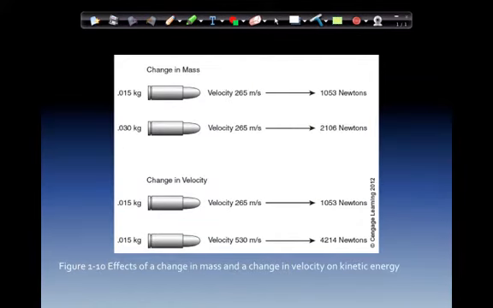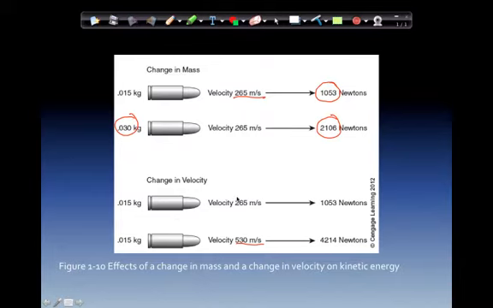Effects of change in mass and changing of velocity on kinetic energy. All right, so this is velocity at 265 meters per second, and this is velocity at 530 meters per second. Let's look at this in newtons here. The change in mass: this is what it was originally, and we essentially doubled the size of the mass, and pretty effectively doubled the size of the newtons.